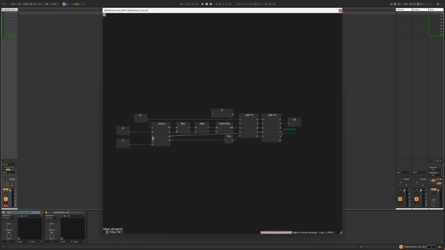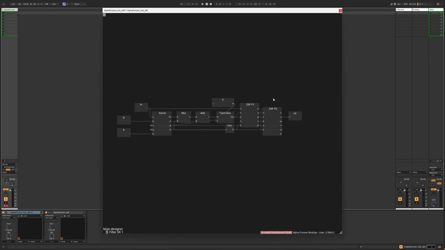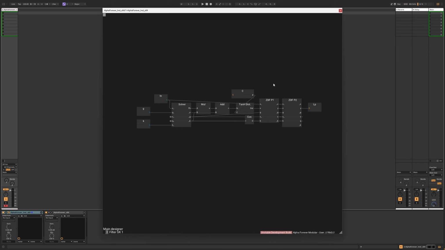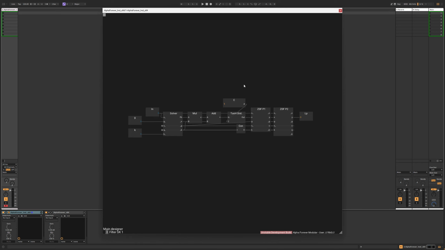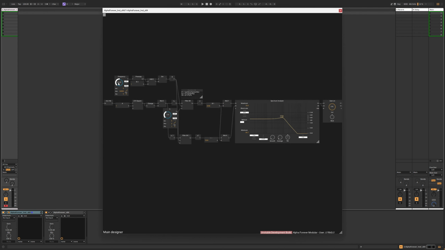So S and Q have to be fed back, so they need to be the previous value. And yeah, this way the patch looks a bit better. It's a bit confusing that these lines go through everything, but done.